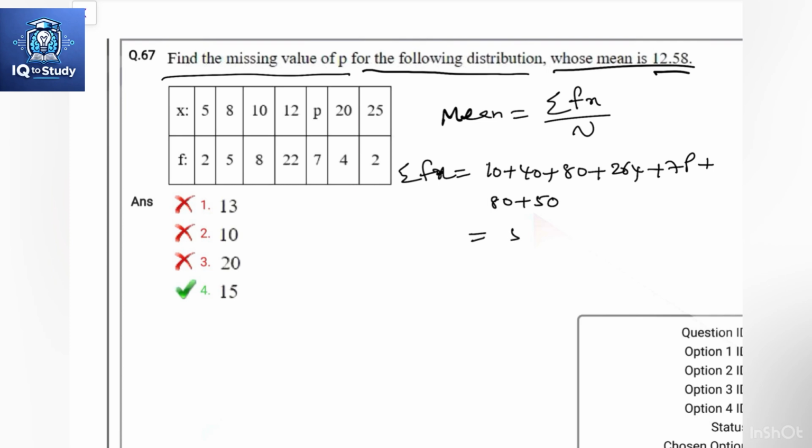That is equal to 524 plus 7p, and n is equal to sigma f, that is equal to 50.